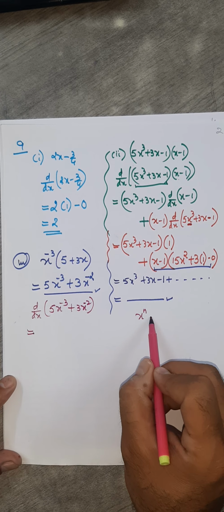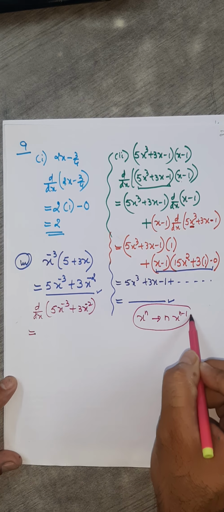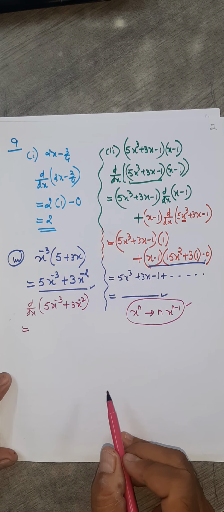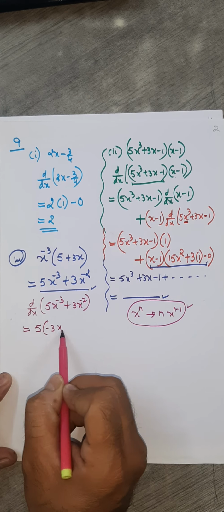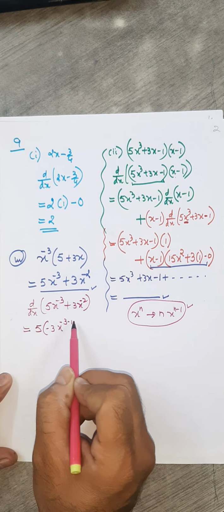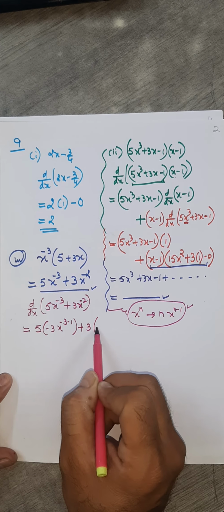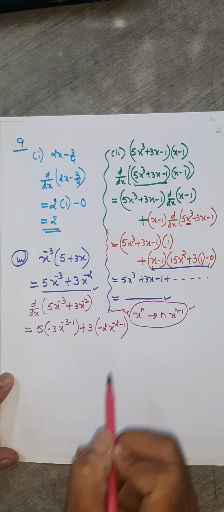Derivative of x raised to n is n into x raised to n minus 1. We'll use this concept. Differentiation of x raised to n. So 5 as it is, minus 3 will come in product, minus 3 minus 1. Plus 3 as it is, minus 2 will come in product, minus 2 minus 1.